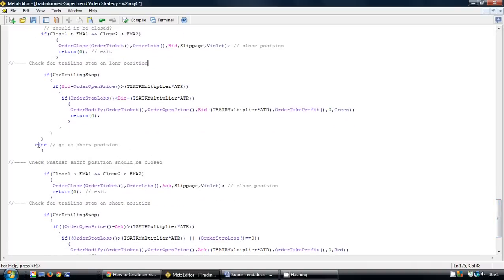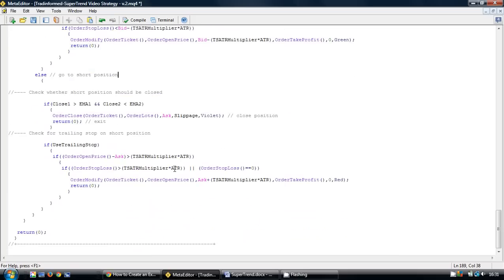Okay, so we use the command else to look at whether or not exactly the same things should be changed for our short position.